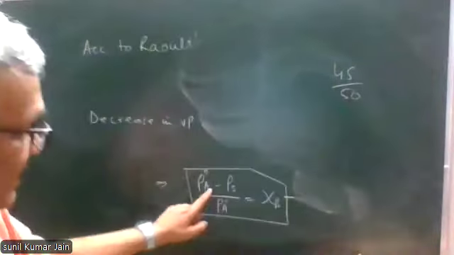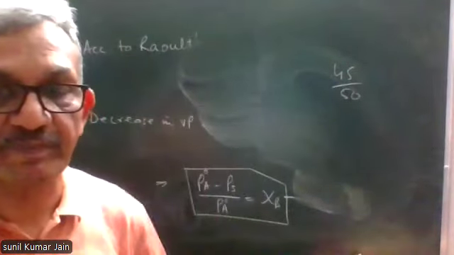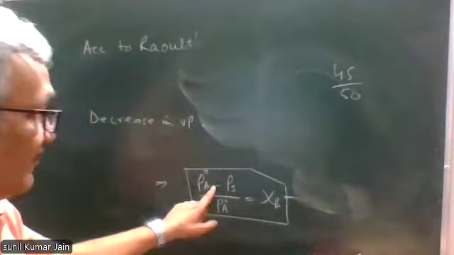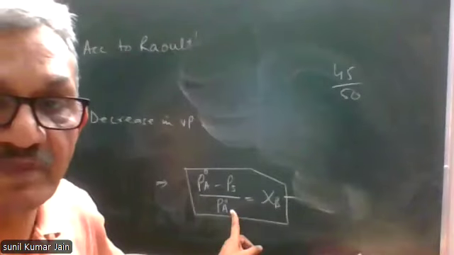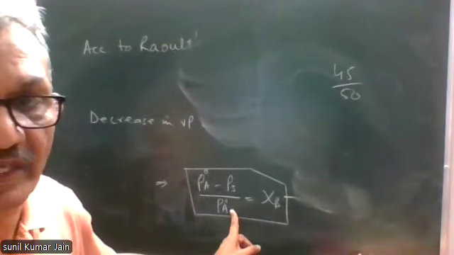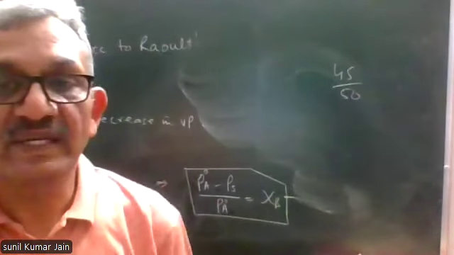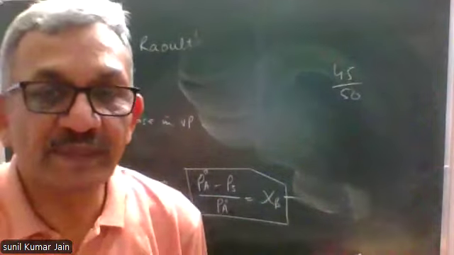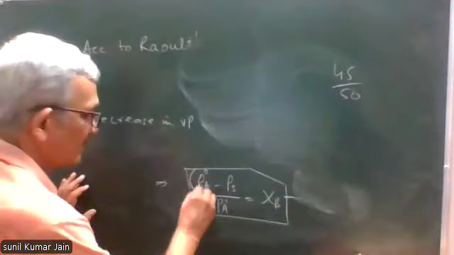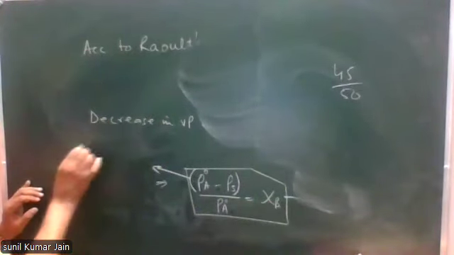Now look here. This numerator is lowering of vapor pressure. And if we divide this lowering of vapor pressure with the maximum vapor pressure of pure solvent, then this entire expression will be called relative lowering of vapor pressure. So first of all, label accordingly. This numerator is lowering of Vp.